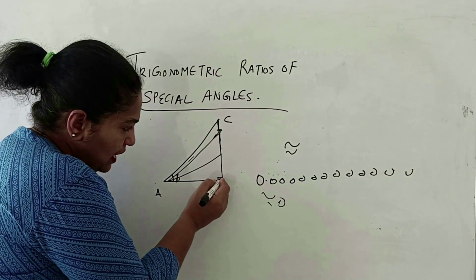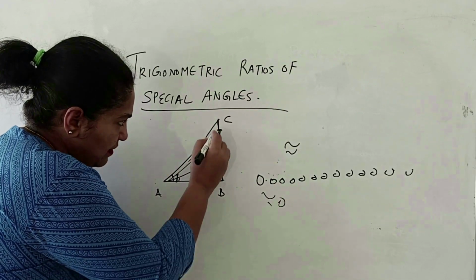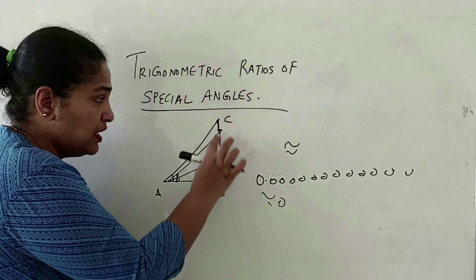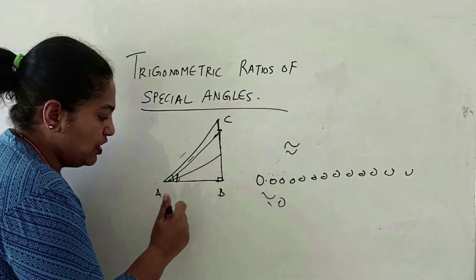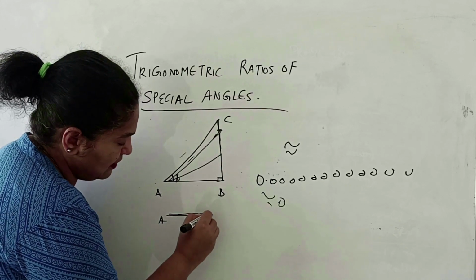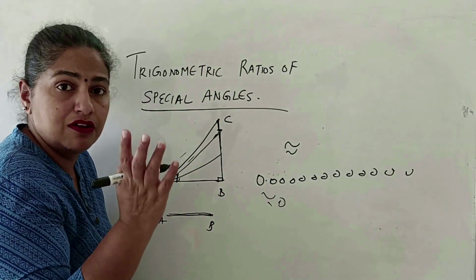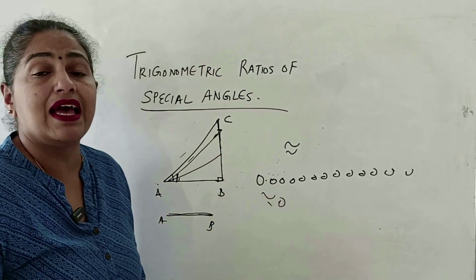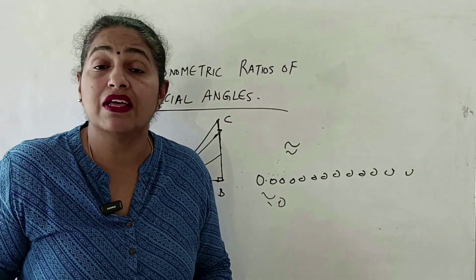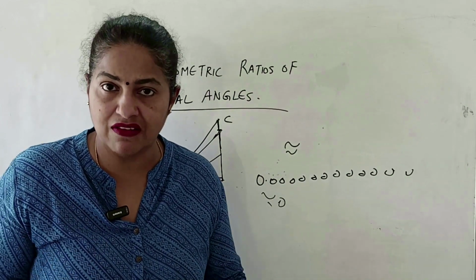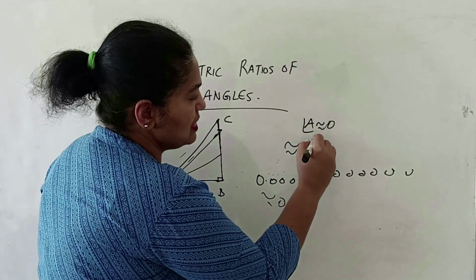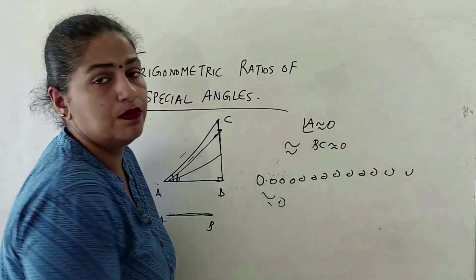It goes on till the angle is 0, which means this particular AC actually falls onto AB. So as far as angle A is concerned, the opposite side BC does not exist. BC becomes 0. So, when angle A becomes 0, BC becomes 0.